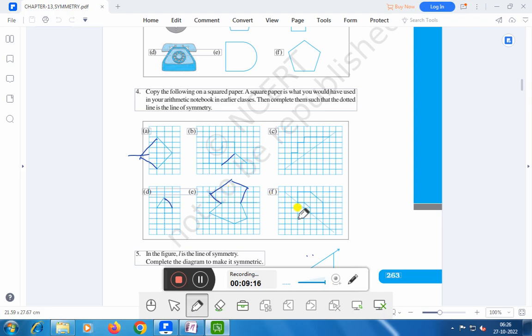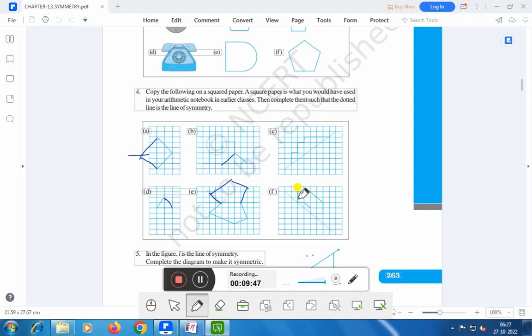This one you can also see that the line of symmetry will be like this. This is the line of symmetry. This one is a line of symmetry.